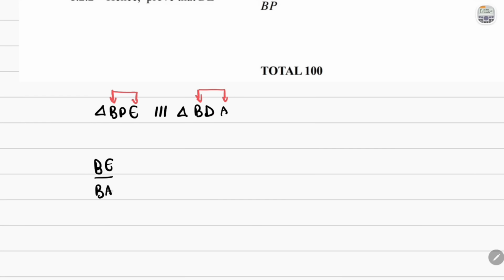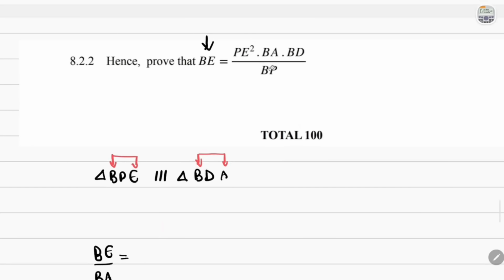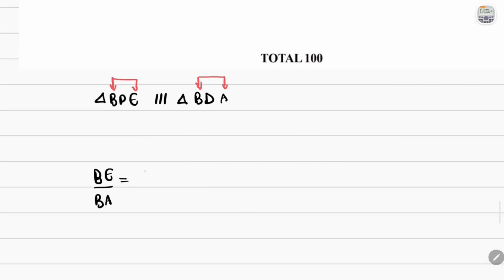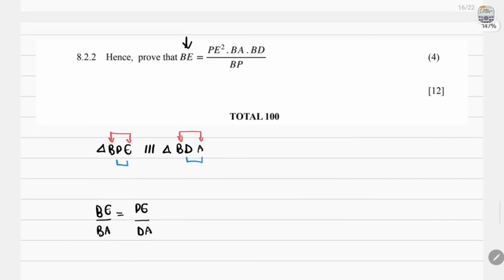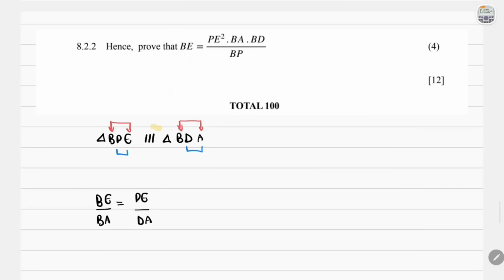So BA, BP, and then I'll just compare it with what we have here. And we have PE. Okay, so where's PE? We have PE, and then I have to take PE with DA. So PE over DA. Okay, so that's usually the case, but let's just see what we have here.